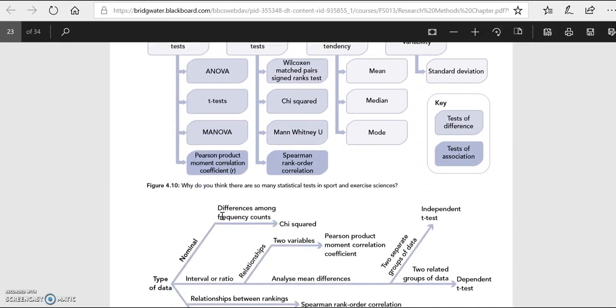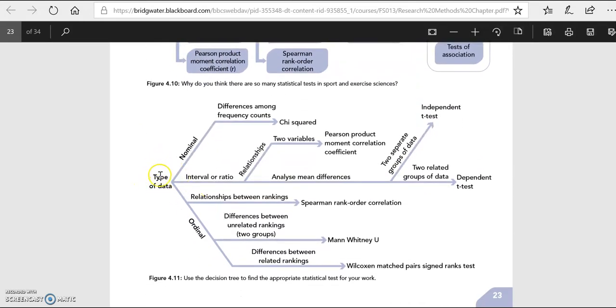Carrying on from that, we look at the type of data, and because we're in interval or ratio, but ours is interval, we come up here, and because we want to find out the relationship between the shoe size and the jump distance, come up to this arrow, and we did use 2 variables, your shoe data and your long jump data. Therefore, this is why we use the Pearson test there.